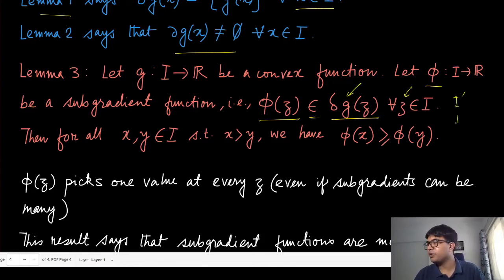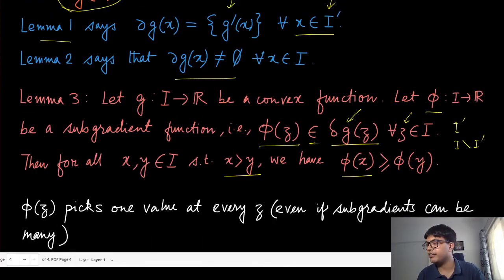For all the points in I minus I prime, where it is non-differentiable, we just pick one point from that set and define the function in that way. Even in that situation, this lemma is saying that if you have x greater than y, then the corresponding function phi will also be non-decreasing. So it's a monotonicity condition on those subgradient functions.